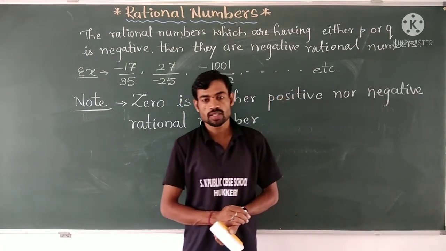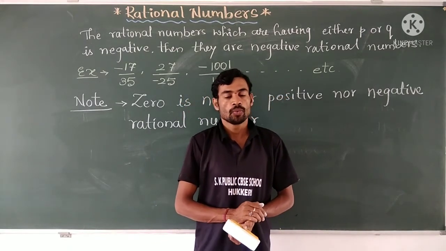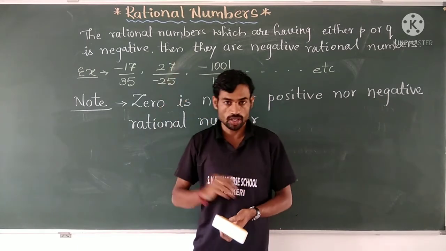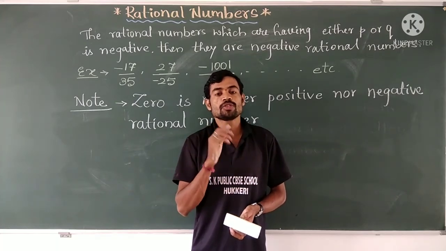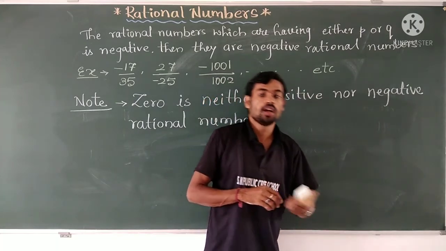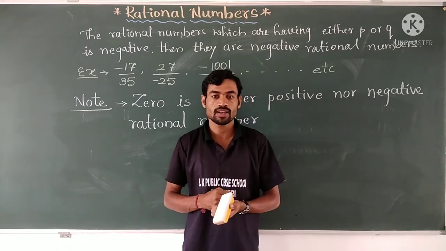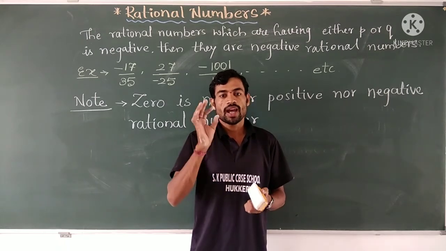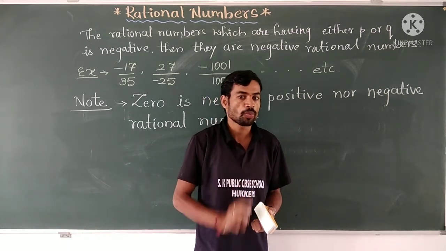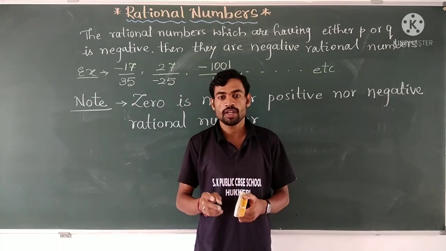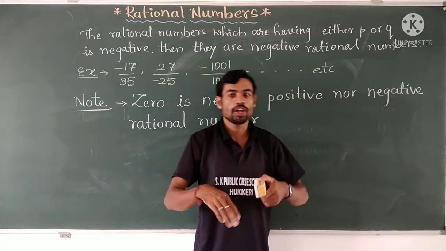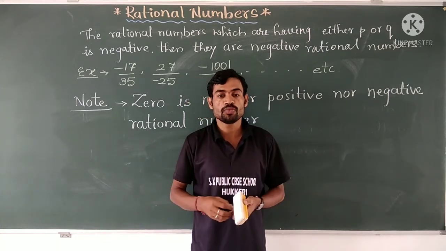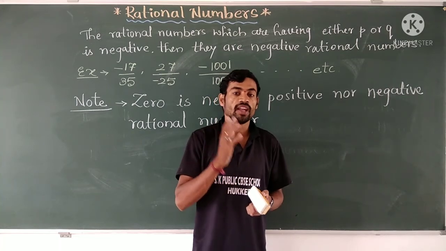Next class we will discuss the properties on rational numbers. Up to 7th standard we discussed closure property, commutative property, associative property, distributive property, additive inverse, additive identity, multiplicative identity, and many more for integers.